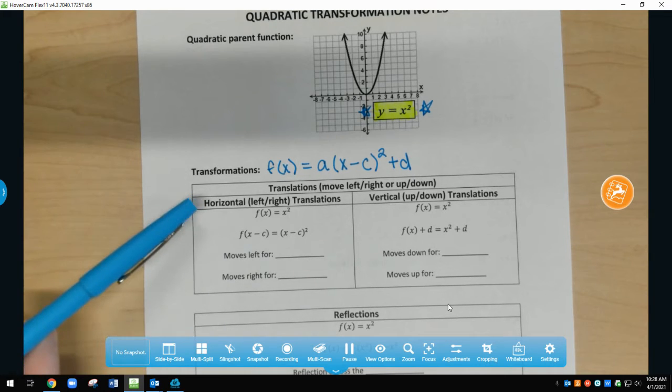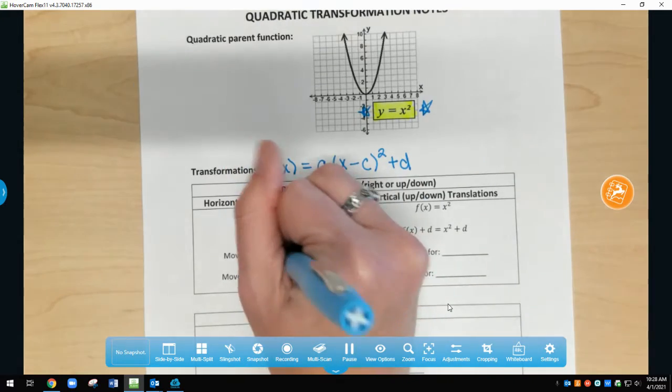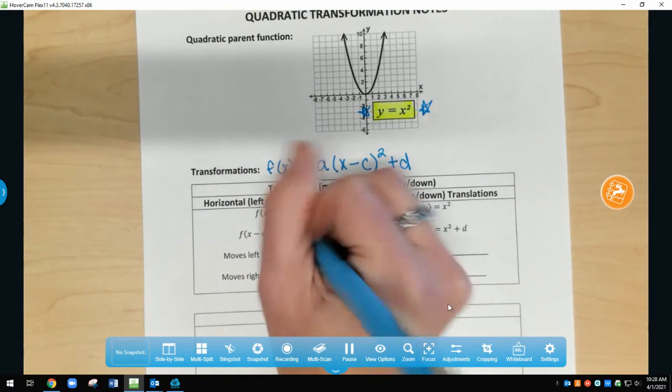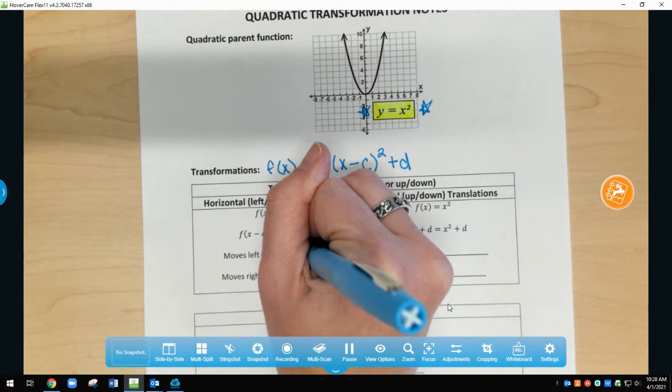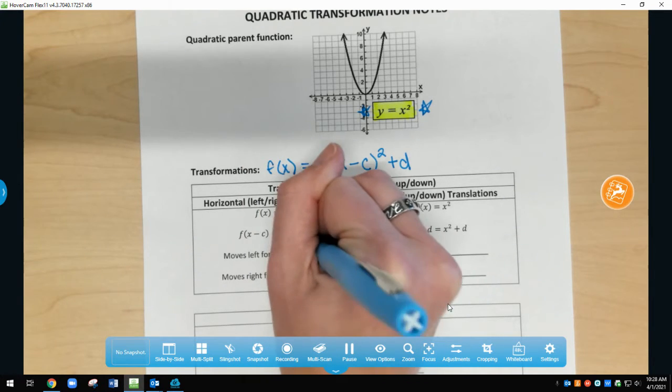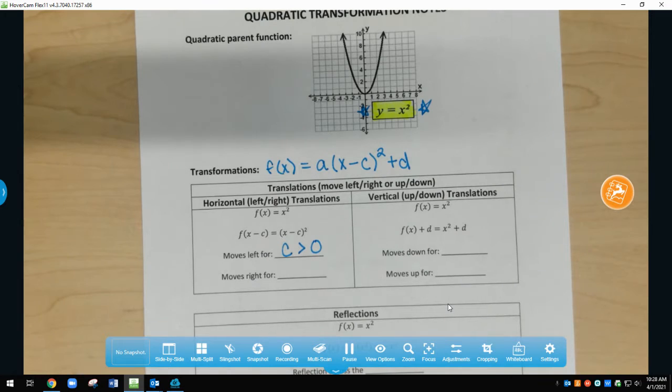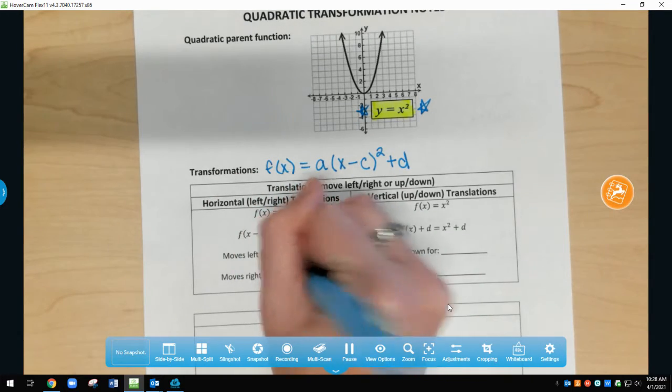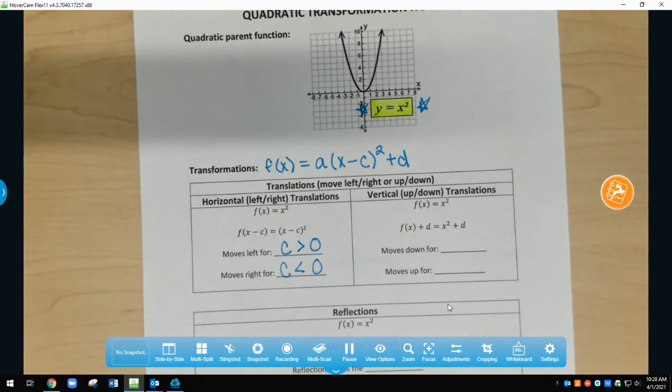So C is going to shift left and right. So if your C is greater than 0, your graph is going to move to the left. So it's kind of opposite of what you would think. If C is less than 0, your graph is going to move to the right.